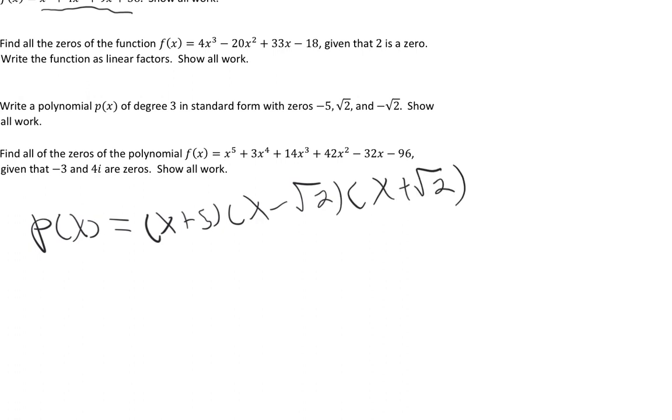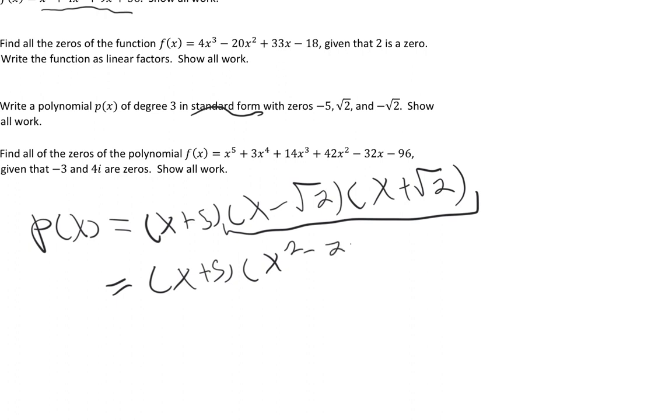So that's p of x. And we would be done, except that it wants it in the standard form, which means that we need to distribute. I'm going to start with these two, because it's a difference of squares, and it'll get rid of my square root 2. So I don't have to worry about that moving forward. So this is x plus 5, x squared minus 2. Now I can finish with some FOILing.